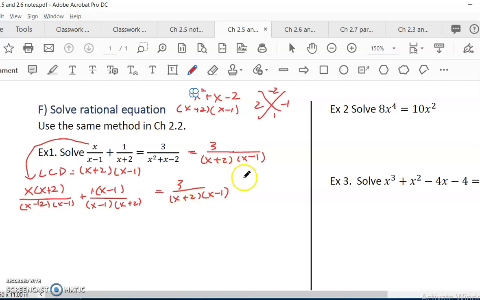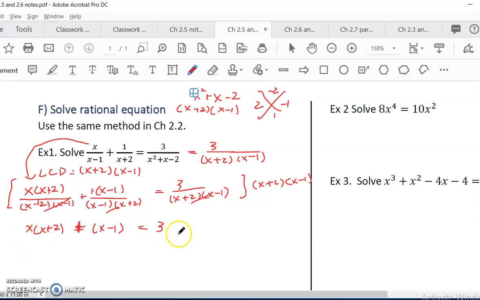And then we can multiply with the LCD to clear them. Multiply x plus 2, x minus 1 for all of them. So we will cancel all of this. So it becomes x times x plus 2 plus x minus 1 equal to 3.